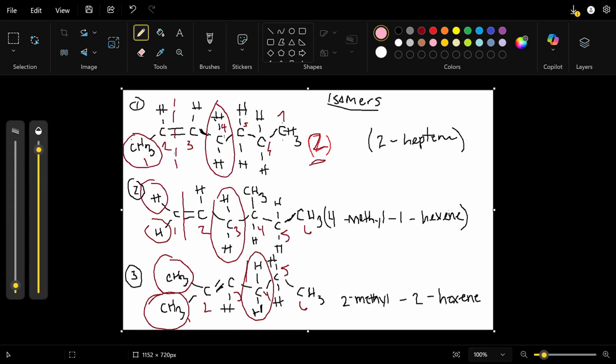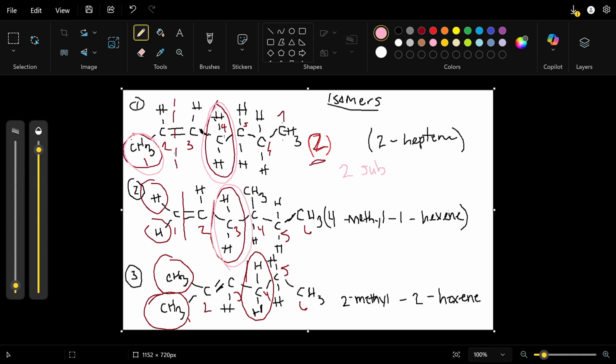For the first one, there are only two substituents, because that's what I circled here and here. For the second one, there's only one.